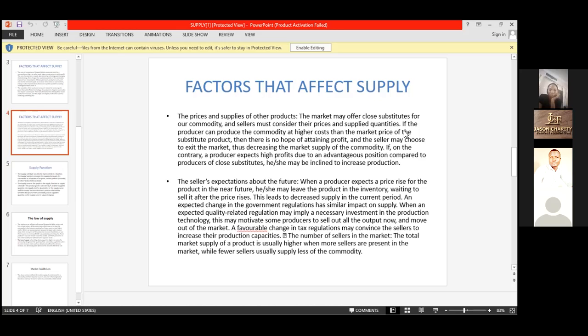Now you already have the product in your store, and you are getting the information that by June, the price of these goods will increase to 200 naira from 150. So what you can do is to keep those stocks and wait for the increment in price. So this leads to decreased supply in the current period.